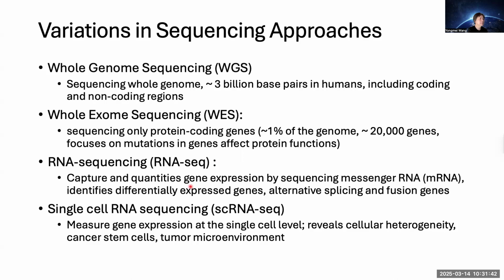And then there's another technology called RNA sequencing. The abbreviation we always say is RNA-seq. So in this technology, you don't sequence the DNA anymore. You actually pull down the messenger RNA from the cell, and you're only sequencing the messenger RNA.